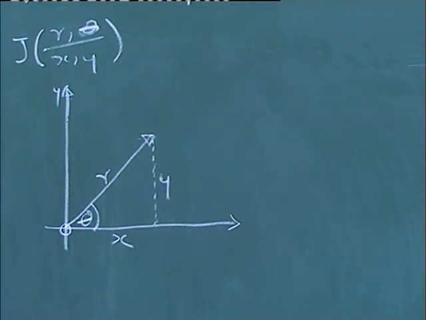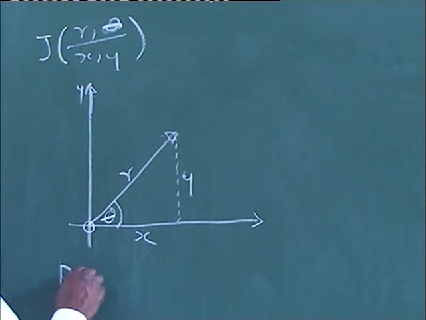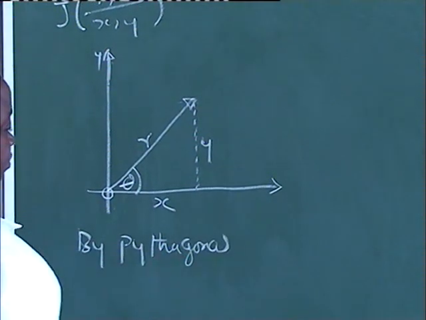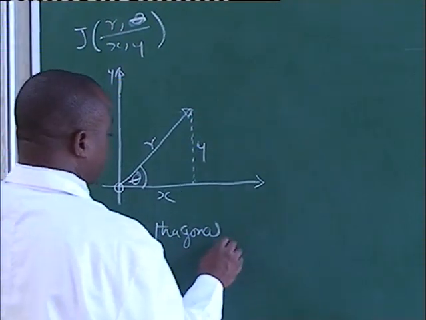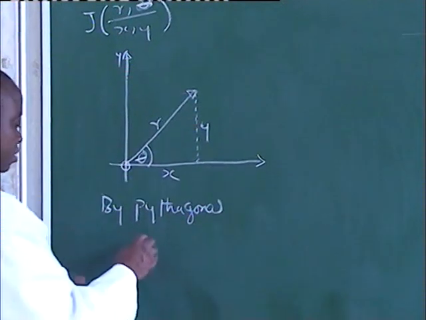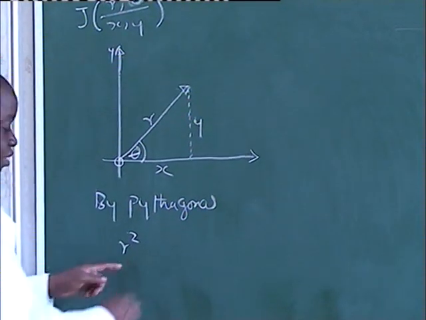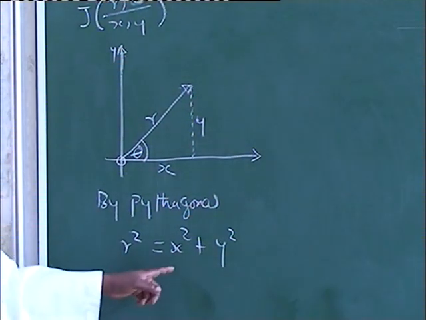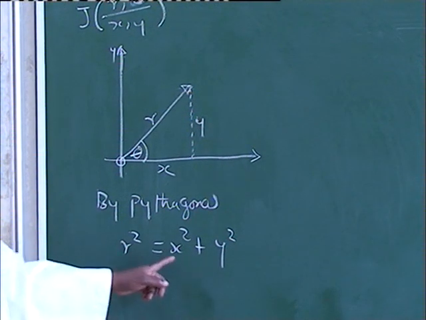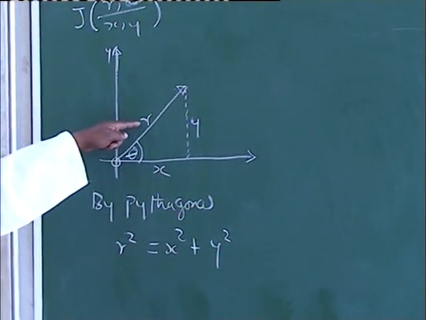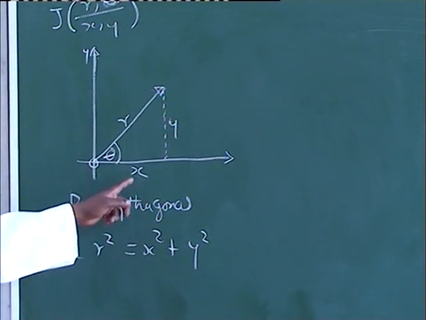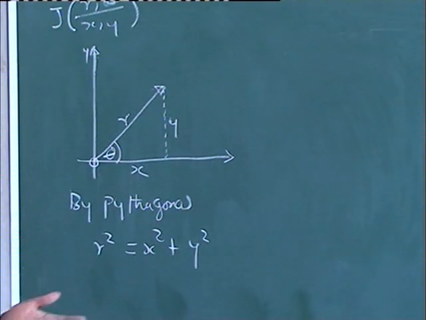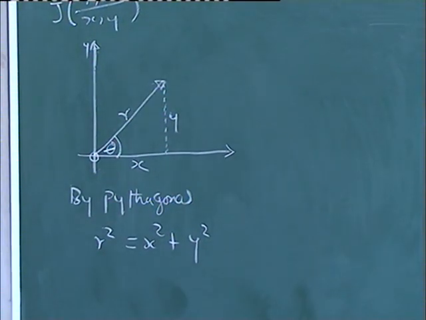Now we know that by Pythagoras theorem, r squared is equal to x squared plus y squared. The hypotenuse squared is equal to the sum of the squares of these two sides, which we know from our elementary trigonometry.